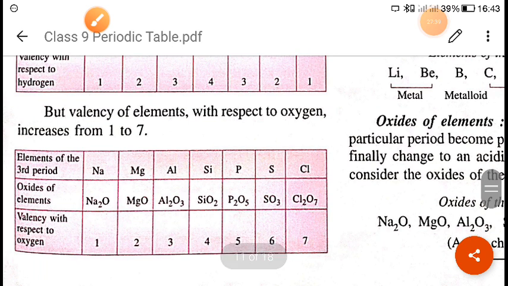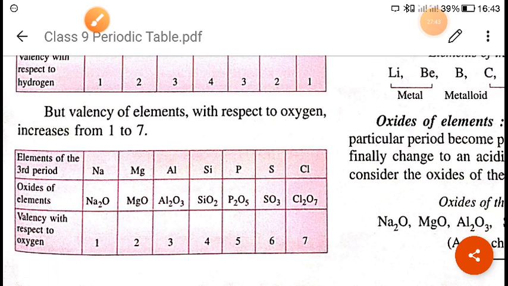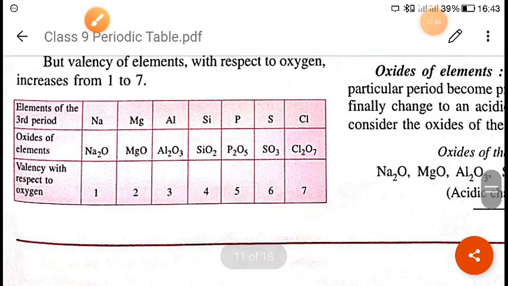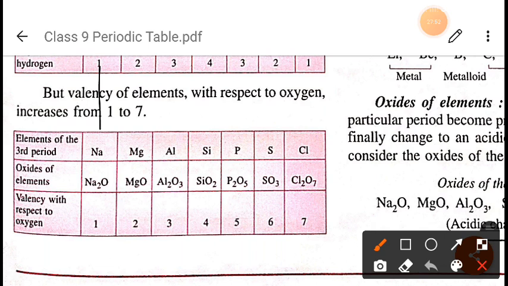Now, the valencies of the elements with respect to oxygen will increase from 1 to 7, but it is not following that trend. It is just following the simple 1 to 7 increase.